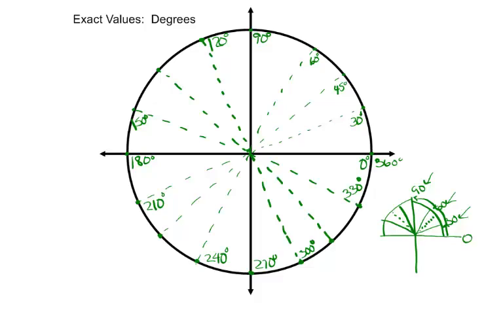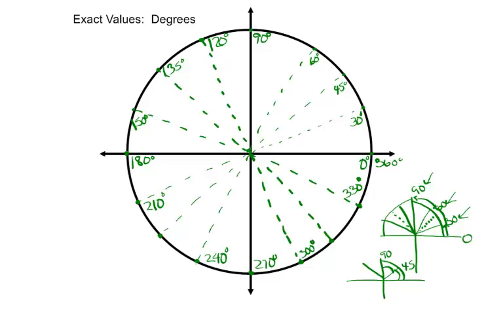So now we have 45 degrees. Notice in each quadrant there are only 2 45-degree angles. 45 plus 45 is 90. Plus another 45 is 135. Plus another 45 is 180.